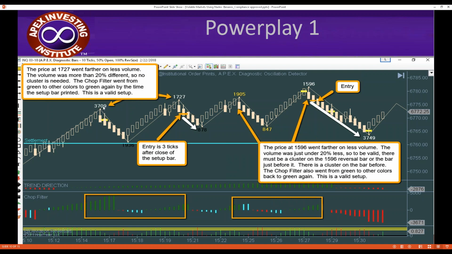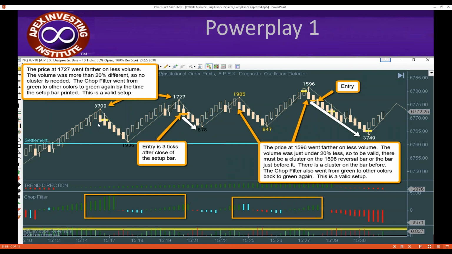See this 3709 number, and this 1727, and you see these numbers. Well, what those numbers are measuring is volume, okay? And they're not measuring the volume just in one bar. It's measuring the volume in the overall trend, okay?